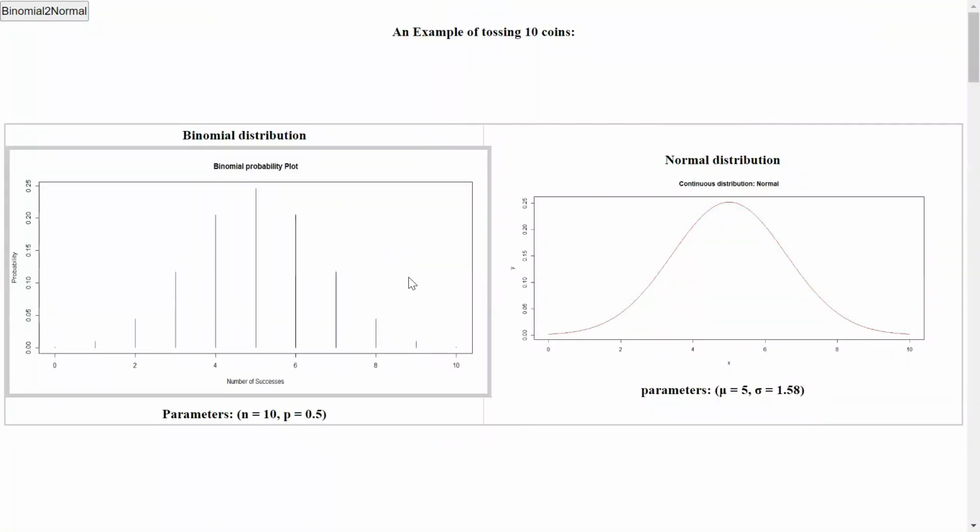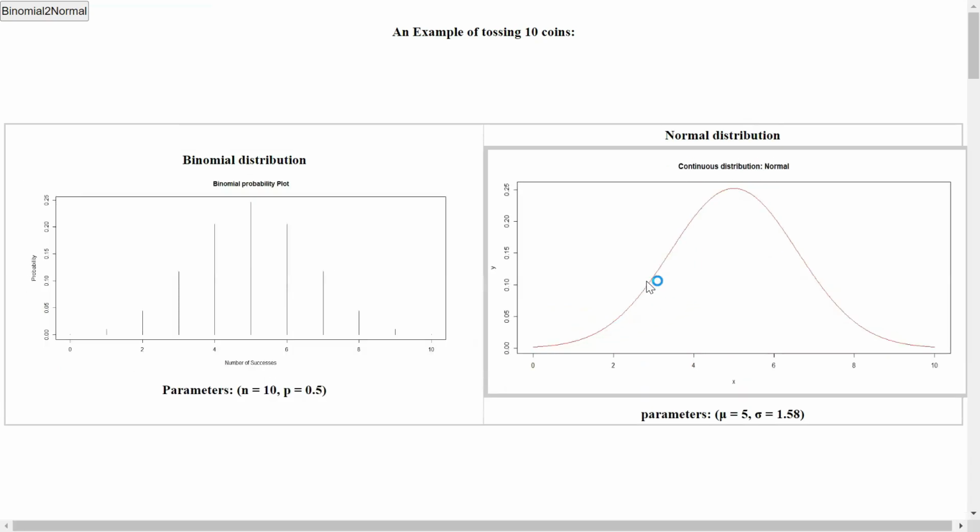We know that the binomial distribution is the probability distribution of a discrete random variable in which the probabilities are distributed at the discrete points, whereas the normal distribution is the probability distribution of a continuous random variable where the probabilities are defined under the smooth curve in a range or in an interval.